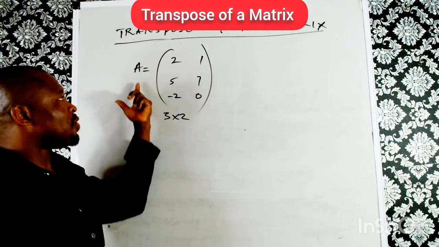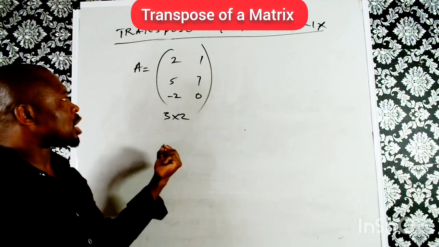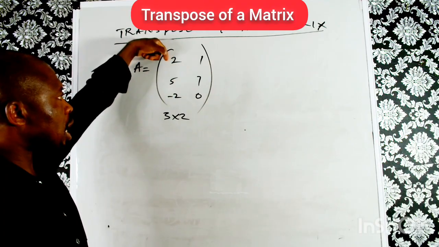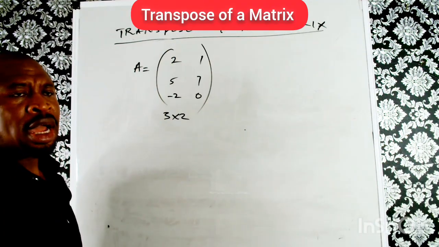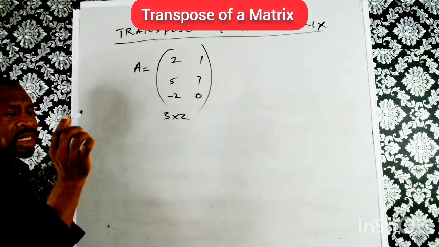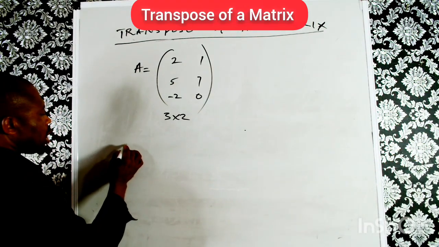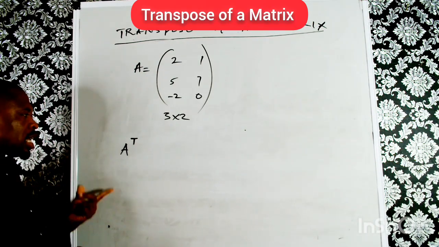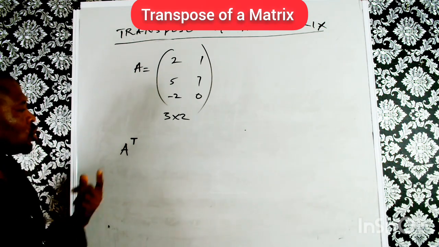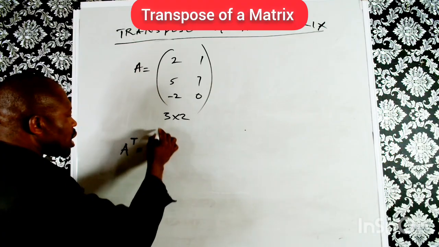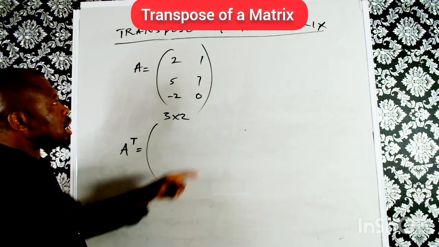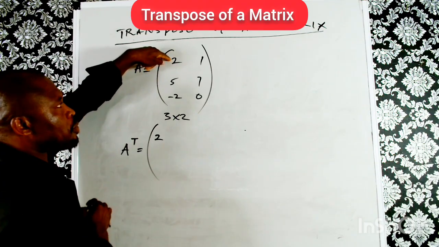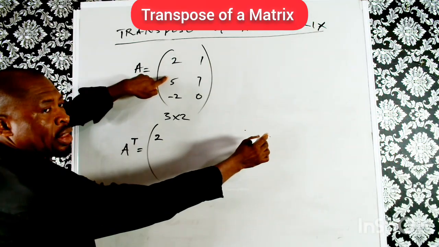Now, transpose means change the rows, this column here, turn it into a row. And the transpose of A is expressed as A raised to power T. Now the transpose of this value is given as, all we need to do is take this row, this number becomes the first, you go like this.